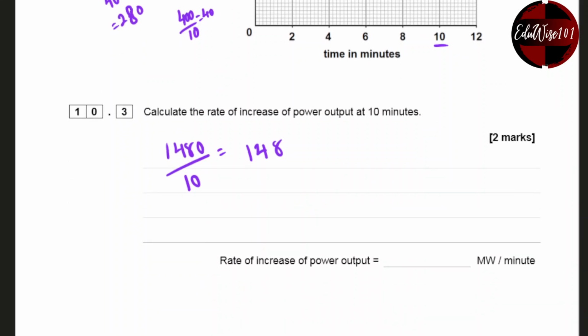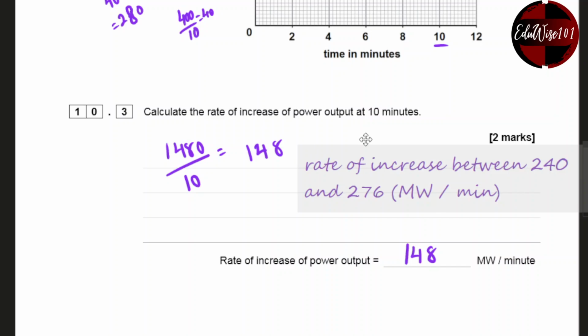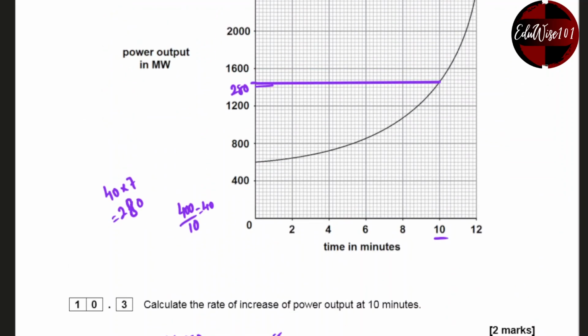I think this is correct because the marking scheme, however, if you were to download the marking scheme, it says rate of increase is between 240 to 276 megawatt per minute, but that cannot be because at 10 minutes is definitely less than 1600.